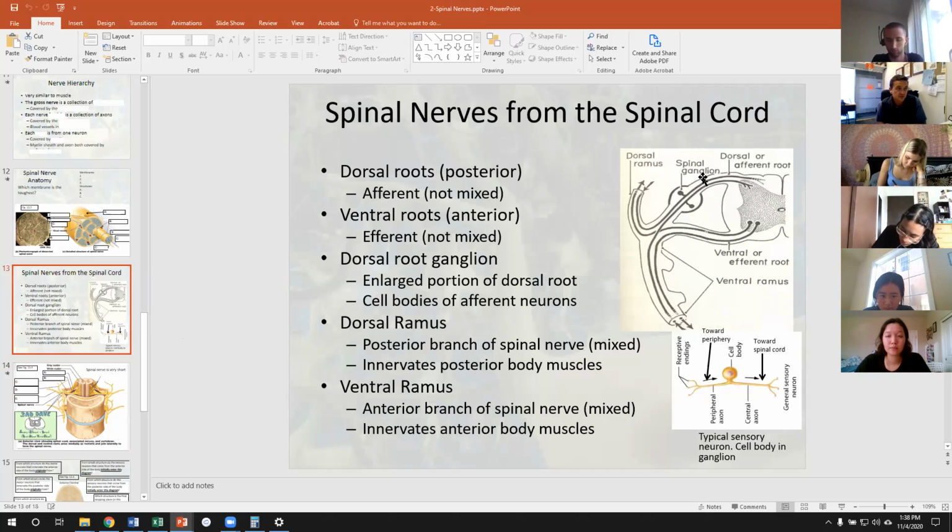anything that is in this dorsal root is going to be sensory or afferent neurons, okay? Anything that is in this ventral root is going to be efferent, okay? And then we get out here, past this crossing point. So we see this crossing point here. Anywhere past that crossing point, this is probably the best image of it.